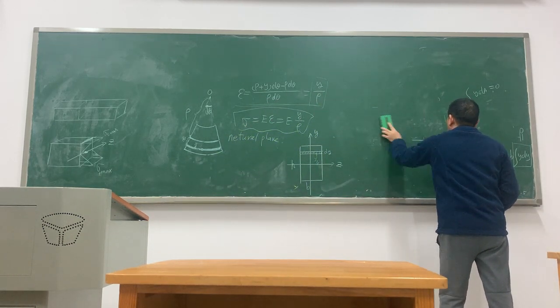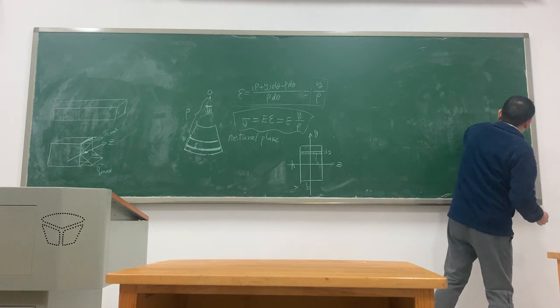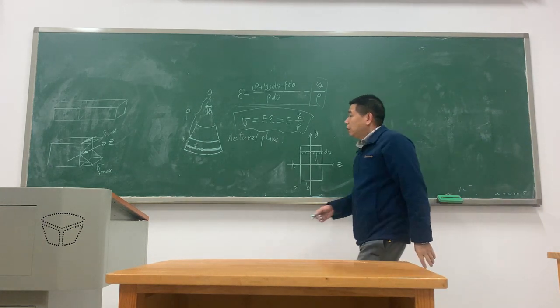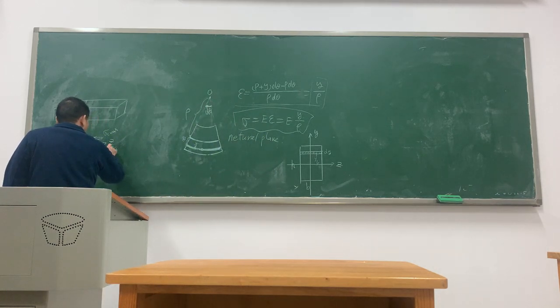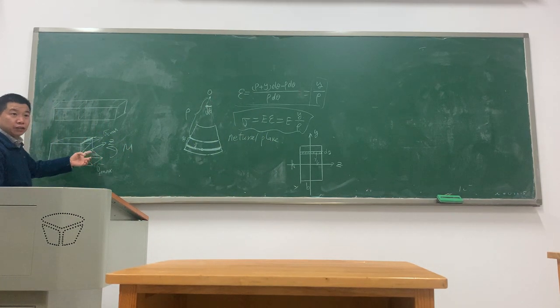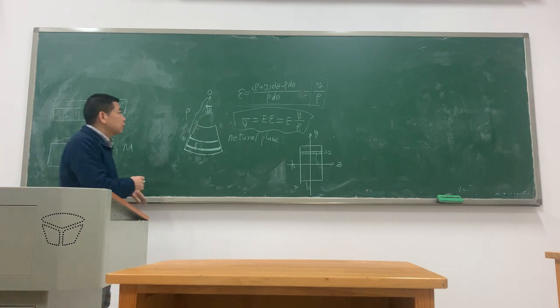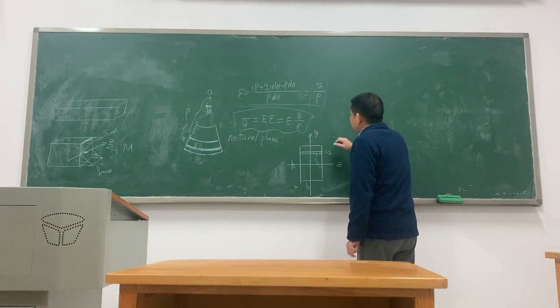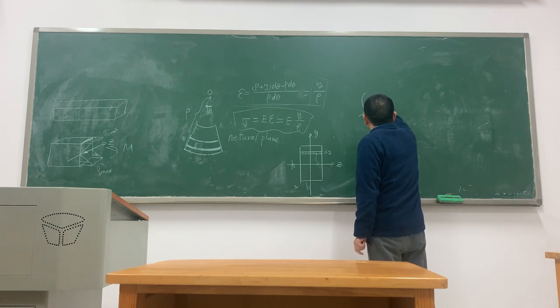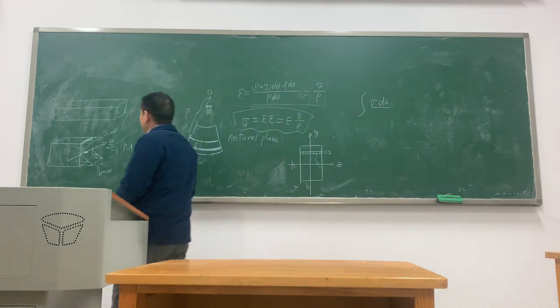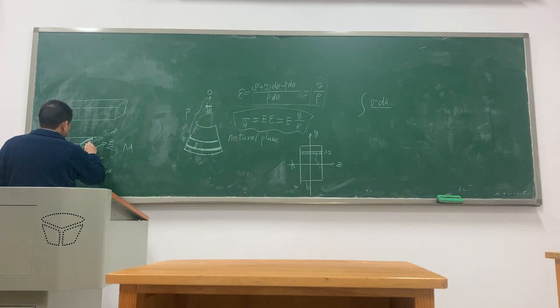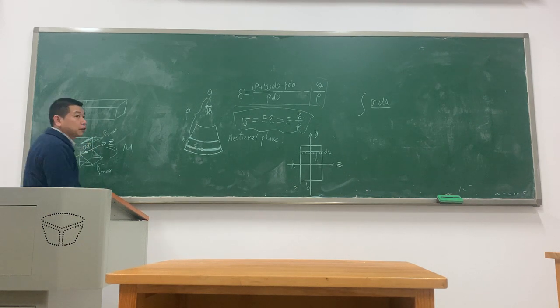There is another way, because we know the moment is the resultant of the distribution of this normal stress. So we know, on the cross section we consider a small area dA.